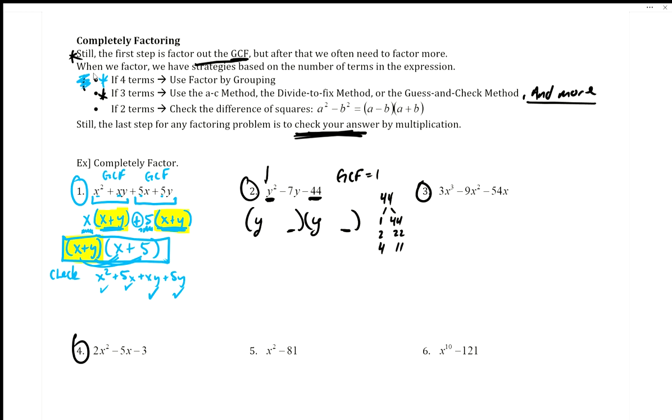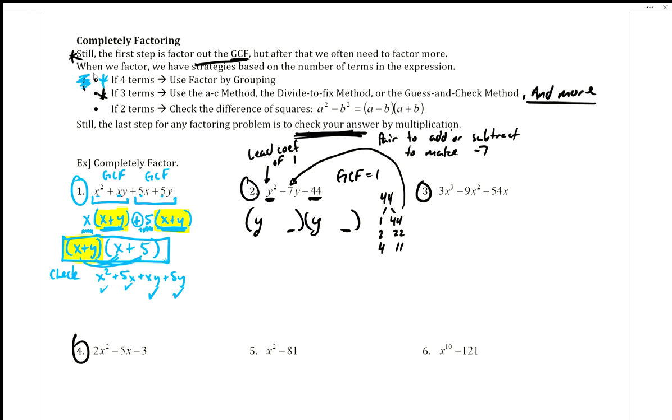Well, because this has a leading coefficient of 1, what I can really do with these different pairs of factors is figure out the signs that would add up to be -7. Okay, so I'm looking at these pairs. It's a little messy, but I'm going to put it right here. So I need the pair to add or subtract to make -7.